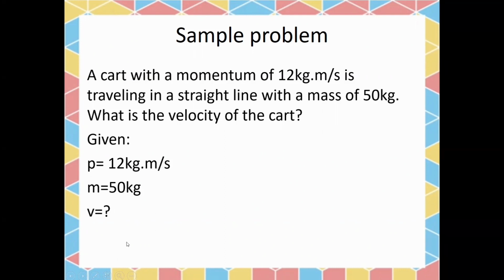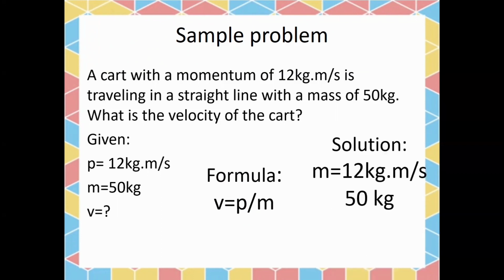In using the triangle, what will be the formula to be used? All right. V is equals to P over M, or momentum divided by mass, giving you a solution of 12 kilogram meter per second divided by 50 kilogram.